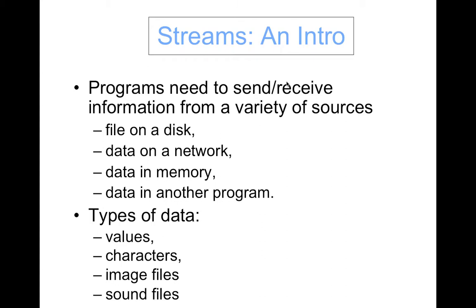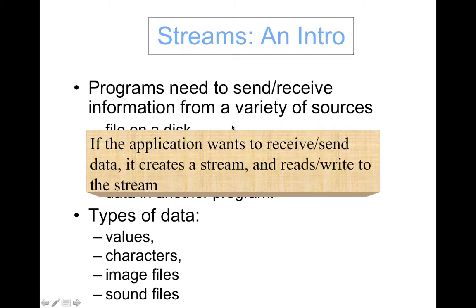Then what kind of data are we talking about? The data can be simple strings or characters, images, or sound files. Anything is data. The various ways to deal with any of these kinds of data is nothing but streams. If the application wants to receive or send data, it creates a stream and reads or writes to the stream.